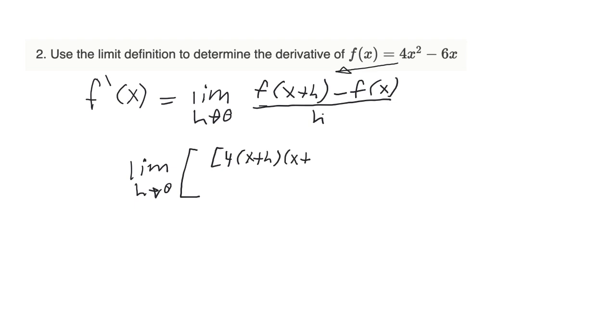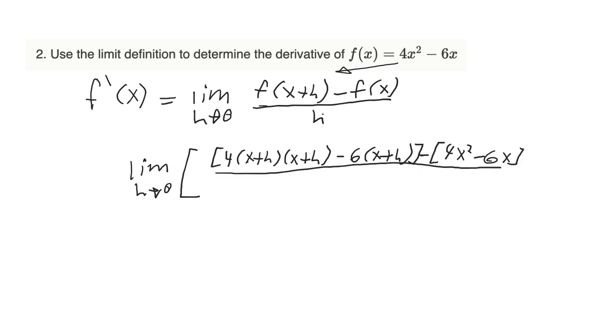This is just x plus h squared. I'm trying to conserve space a little bit here. Minus 6 times x plus h. And that's going to be minus, this is a square bracket here, so minus 4x squared minus 6x. And that's going to be over h.